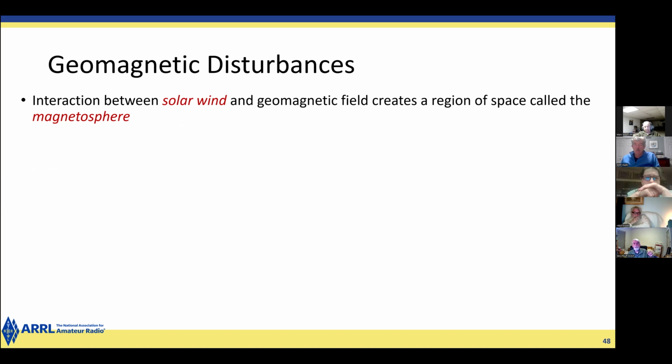But anyway, the solar wind will cause the Earth's magnetic field, first of all, to get stronger, and second, to sort of tail off behind the Earth on the night side of the Earth, and that's normal.